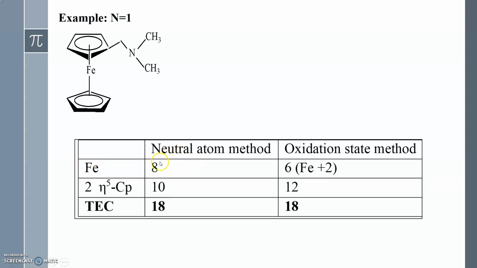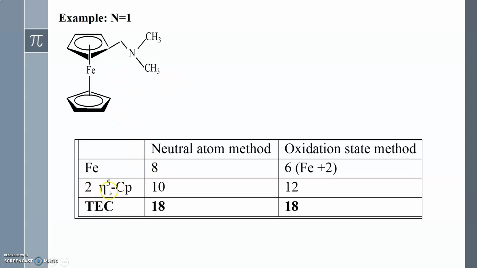So the total electron count of iron will be 8, because 3d6 4s2 by the neutral atom method, and the count will be 6 by the oxidation state method. There are two cyclopentadienyl rings with eta 5 mode of binding, so each ring contributes 5 electrons. Don't bother about the side chain here because it is not attached to the metal, so it is not going to contribute to the electron count of the central atom.